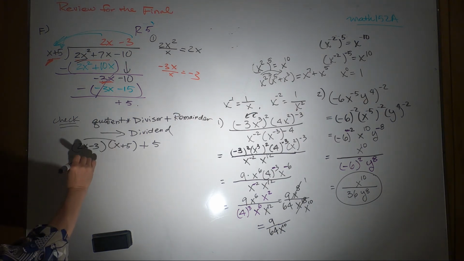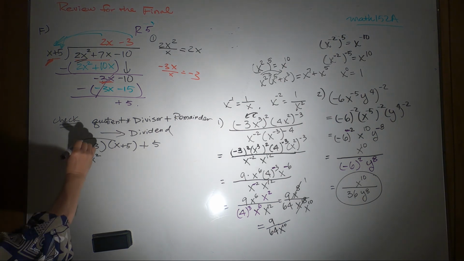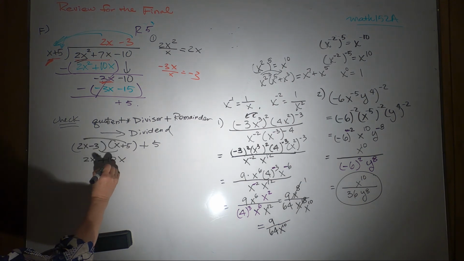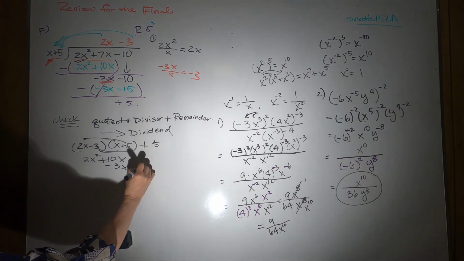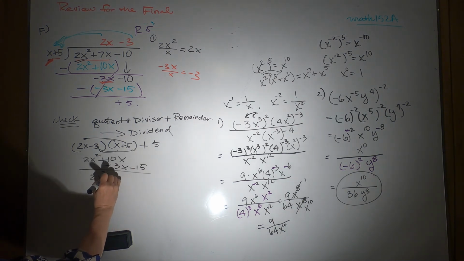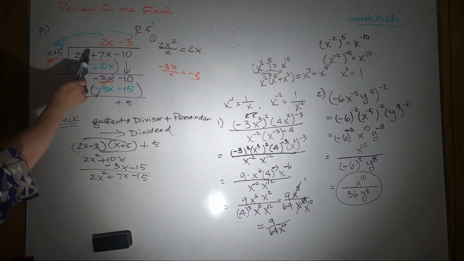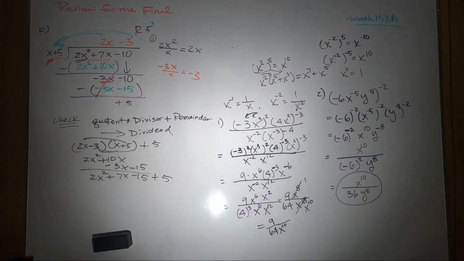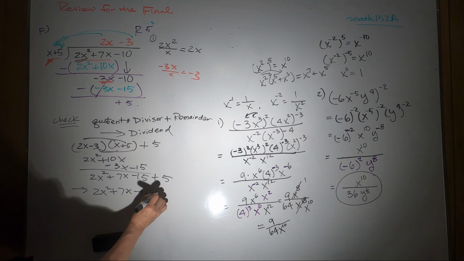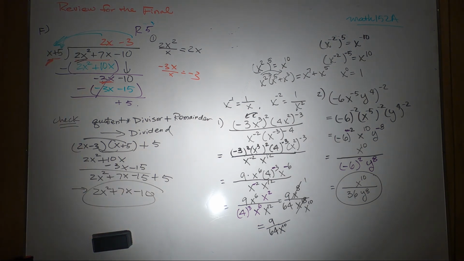So 2x times x is 2x squared, 2x times 5 is plus 10x, and on the bottom, minus 3x and minus 15. So it will be 2x squared plus 7x minus 15, right? Then if we add 5, that would be 2x squared plus 7x minus 10. Is that right? Yes. Okay. So that would be our polynomials.